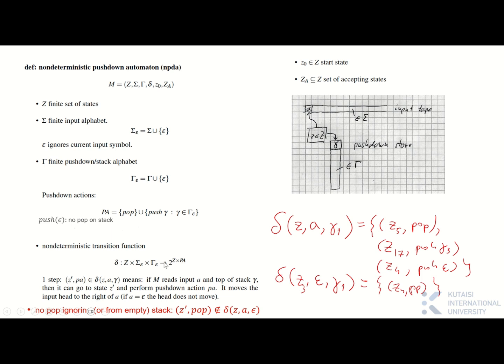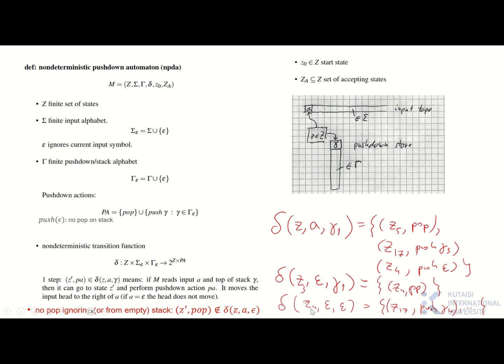Epsilon here, by the way, what does this mean? Maybe Z4, epsilon, epsilon. Let's say this is Z17, push gamma 4, and there are some other things. What does this mean?